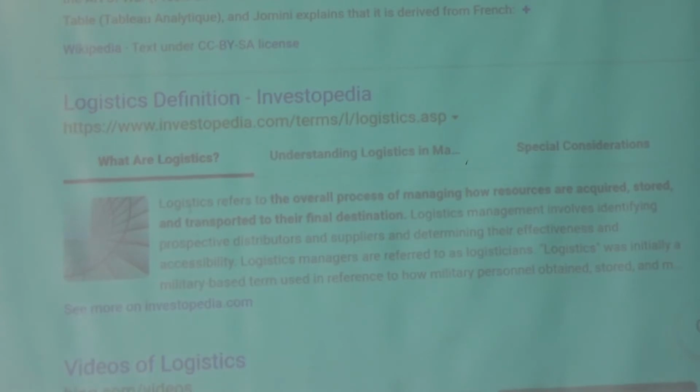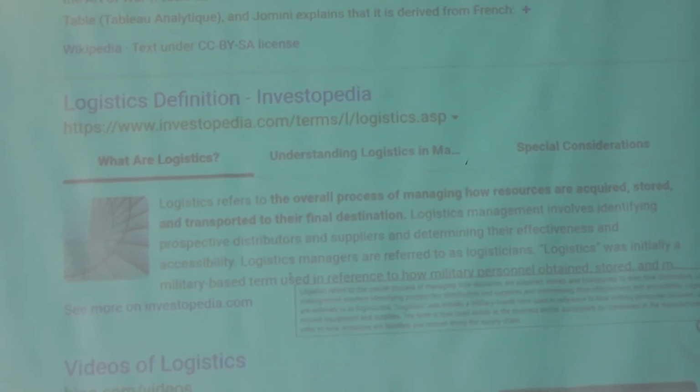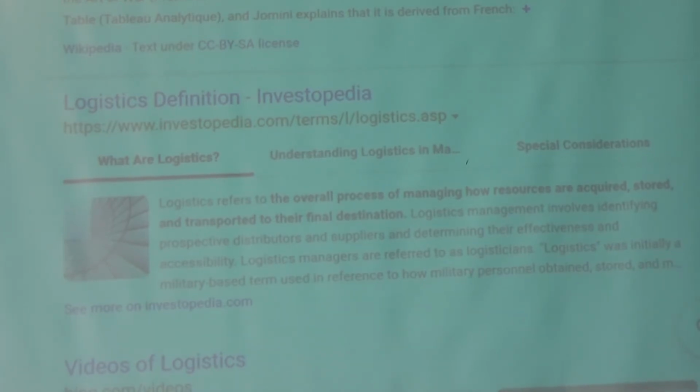But here I like this part, which is probably more true: the overall process of managing how resources are acquired, so that means purchasing, negotiating, ordering, shipping, paying, stored, so warehousing and all that, and finally all the transport within the production process from the warehouse to the factory. So many people involved and so much skill involved in getting all those deals together. Logistics.